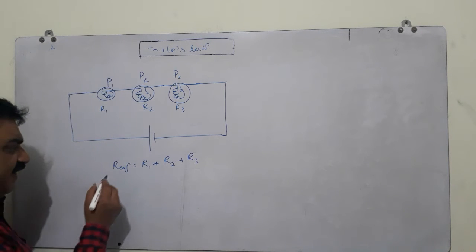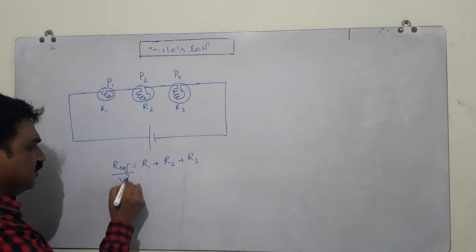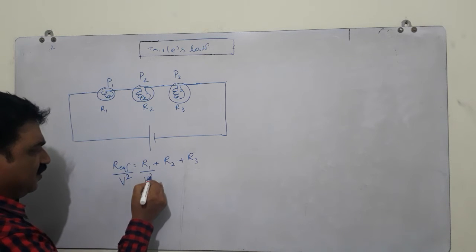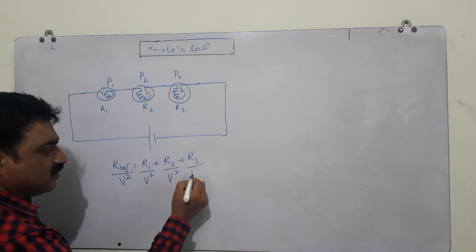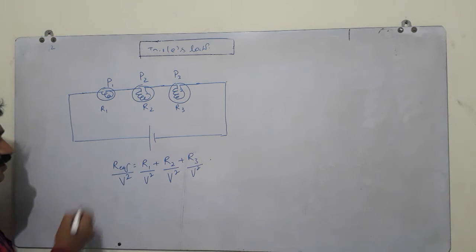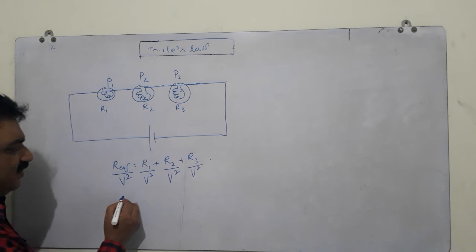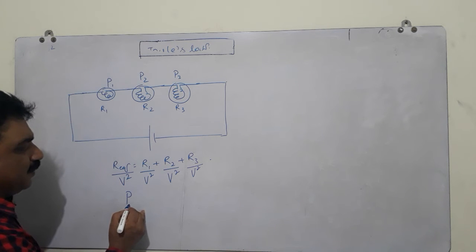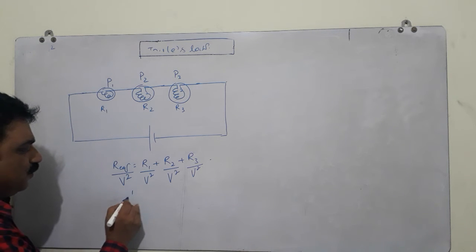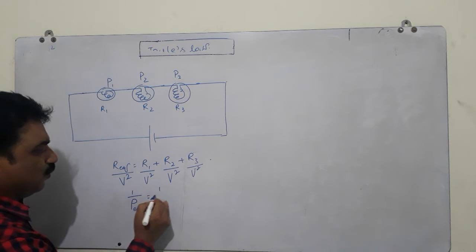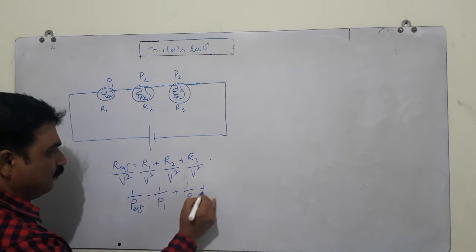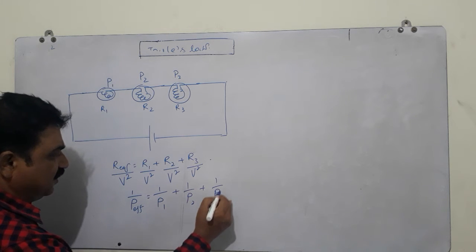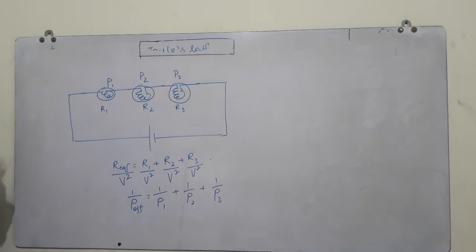And if they are given individually the same voltage, R equivalent by V square, that is 1 by P effective, is equal to 1 by P1 plus 1 by P2 plus 1 by P3 plus so on.